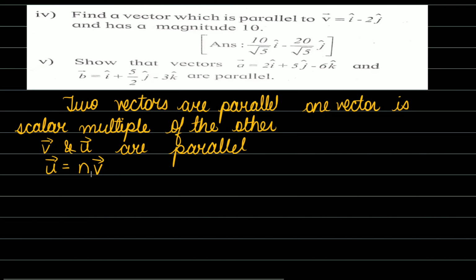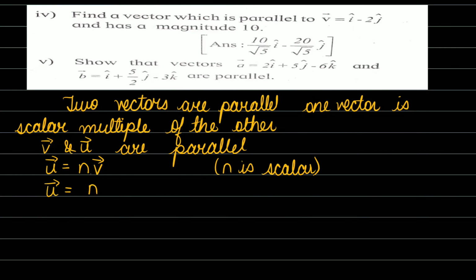We have considered the vector u, so u vector is the scalar multiple of v. So we have to find such a vector. Consider a u vector which is the scalar multiple of v.